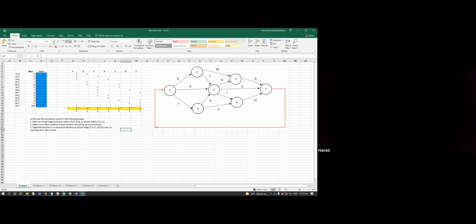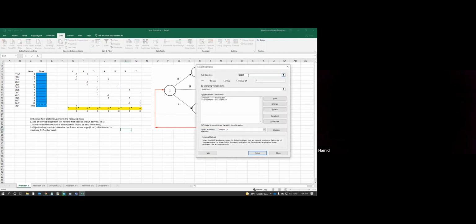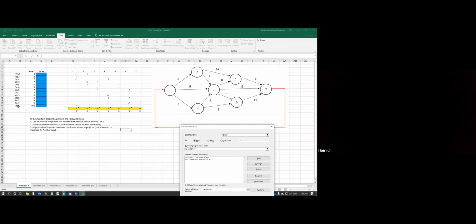That's it. So again, I go to the Data tab, first Solver. Here we are going to maximize D17. D17 is the flow from 7 to 1, the virtual link, because we know that if you maximize that link, it's equivalent to maximizing the parallel link, which has several nodes.